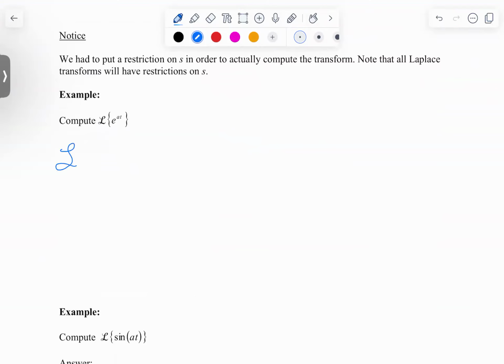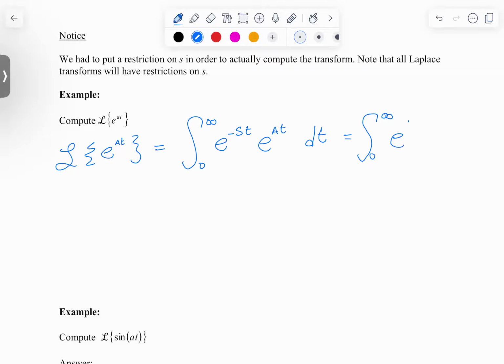To that end, I could do another one. Using the definition, I want to do Laplace of e to the at. So now my function f of t is e to the at. Then we can mess with this a little bit to get it into the integral of e to the (a minus s)t dt.